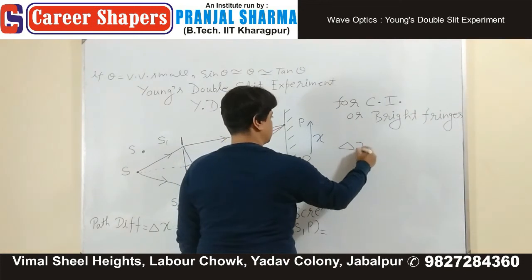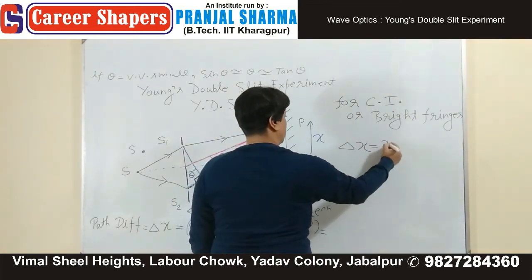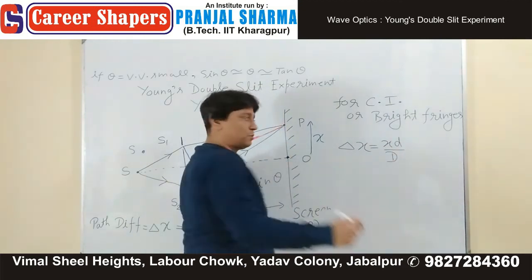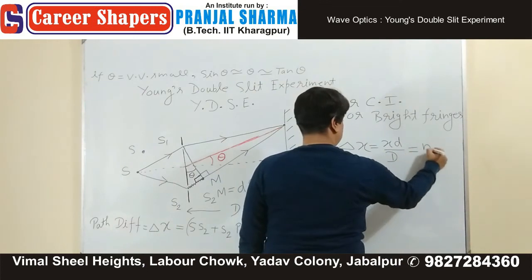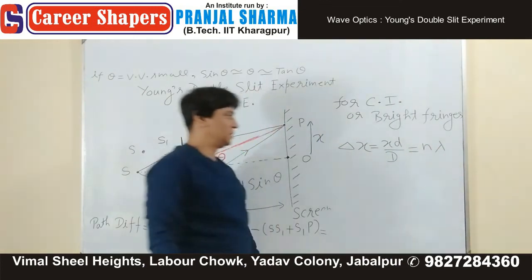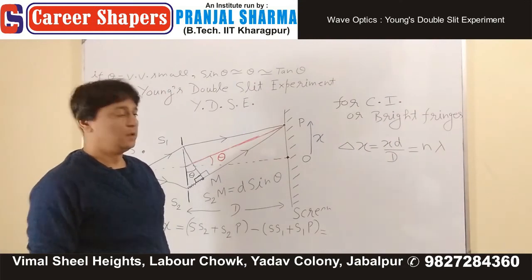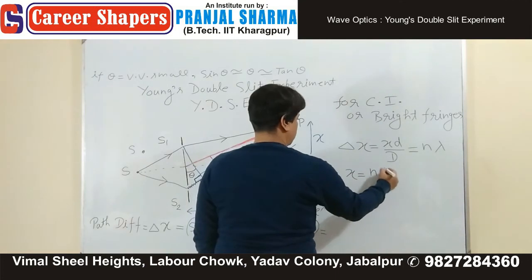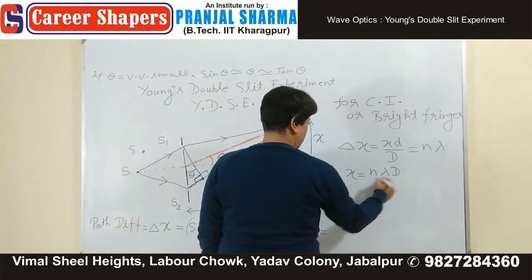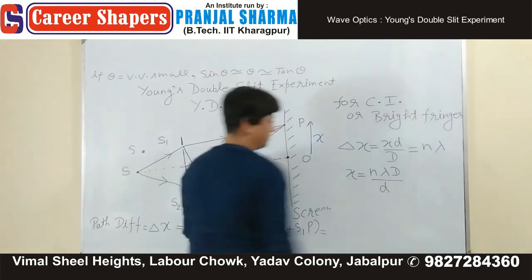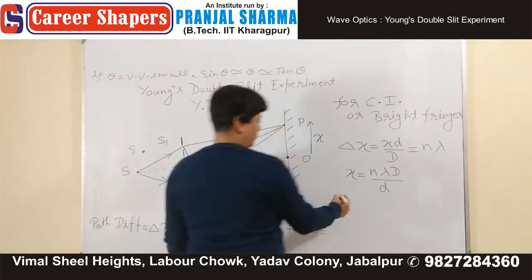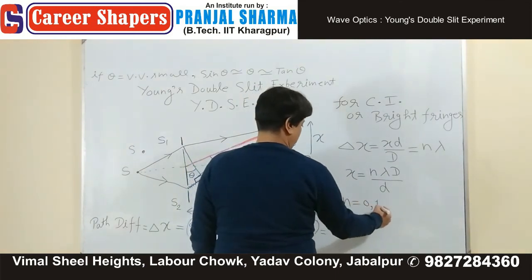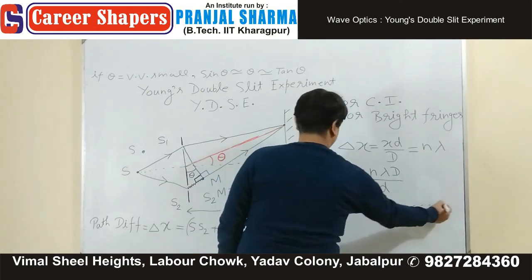Delta x, which we have found is x d upon capital D, should be n lambda. This gives us x as n lambda capital D upon small d, starting from 0, 1, 2, 3 and so on.